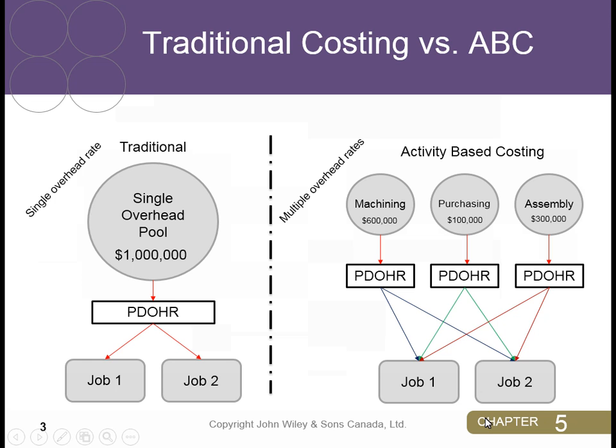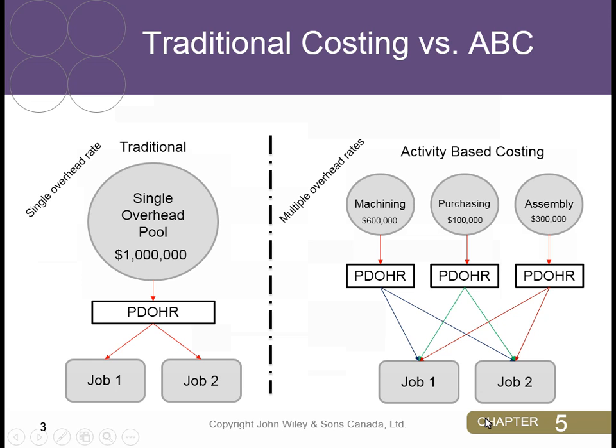So in a traditional costing approach, if you refer back to the video that we did before for predetermined overhead rate, we said step 1 was to calculate the predetermined overhead rate based on the estimated numbers. Well, in traditional, you do that calculation once. In this example under ABC, we would do it 3 times because there are 3 pools.